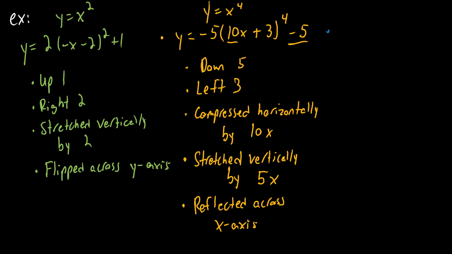All right. For our last example here, we're going to have y equals 1/2 times (3x plus 5), and we'll just square that, and minus 2. Okay, so just like the other ones, this one is down 2. With that 5, it's going to be left 5.